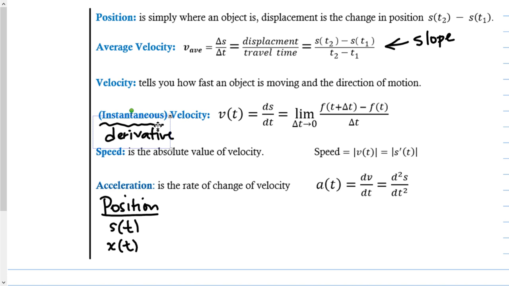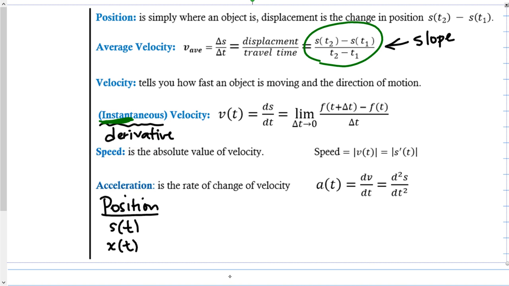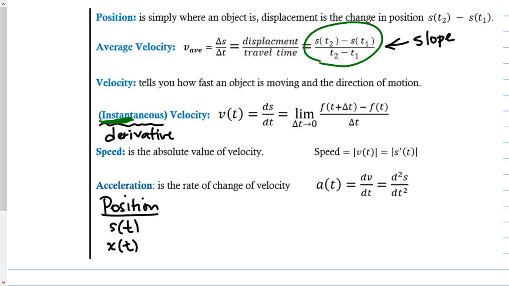Now, a way to remember this that I've always used in my brain: average velocity is you're using 2 points, such as when you did slope back in Algebra 1. Instantaneous, it's at an instant. So since it's at an instant, you only have 1 point. So whenever you only have 1 point, you're looking for the derivative. So you're using calculus.